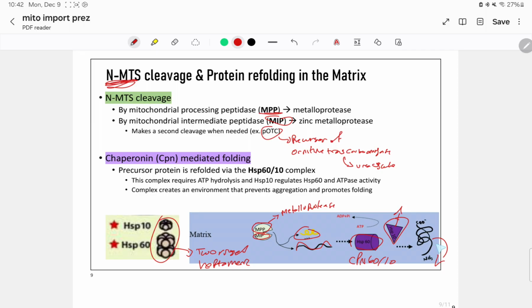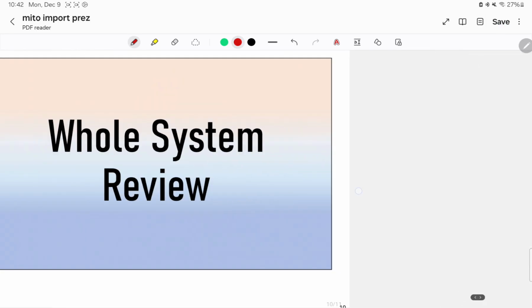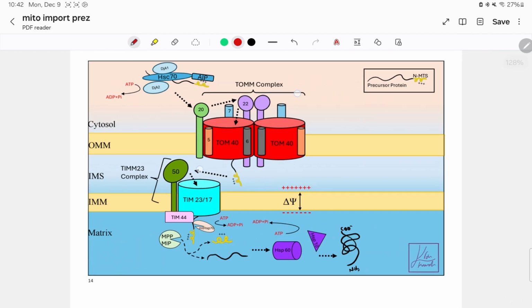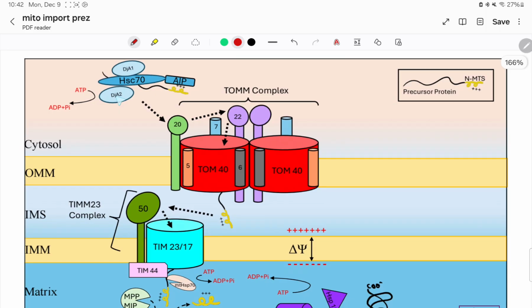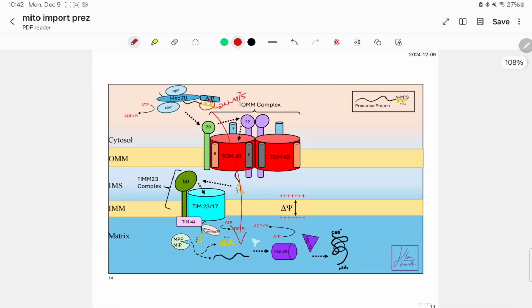So just to clearly cap everything together, here's what the whole system is going to look like altogether. So first of all, we're going to have this precursor protein, okay? And this precursor protein is going to have an N-terminal matrix targeting signal, okay? Which is basically a sequence of amino acids that says, hey, I need you to go towards the matrix, okay? Great.